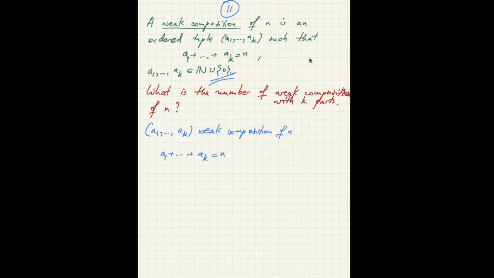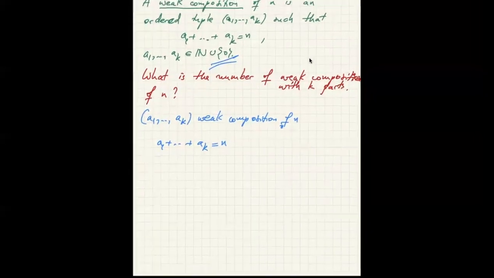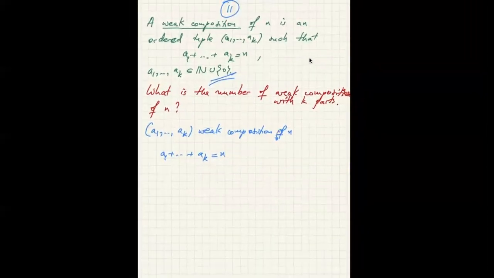Now, can we do something to this k tuple and make it into a composition of maybe an unknown number? The only thing that is different from weak composition to composition is that a1 could be 0. So how do you change the numbers to make sure that they're not 0? You can just add 1 to them.